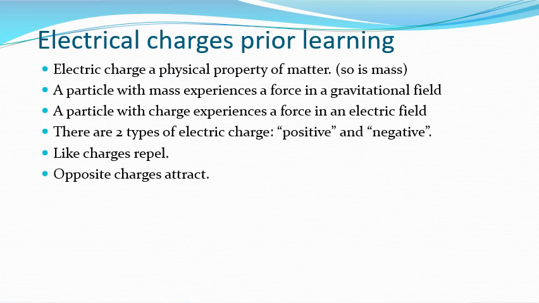So let's look at the things that we already know about charges. Well, we know charge is a physical property like mass. We know that charges experience a force when placed in electric fields, and that there are two types of charge, positive and negative, and that like charges repel and opposite charges attract.